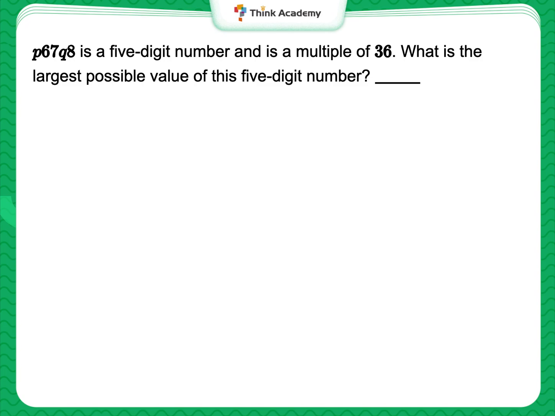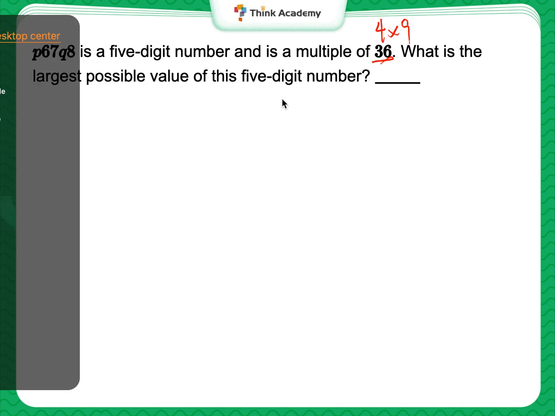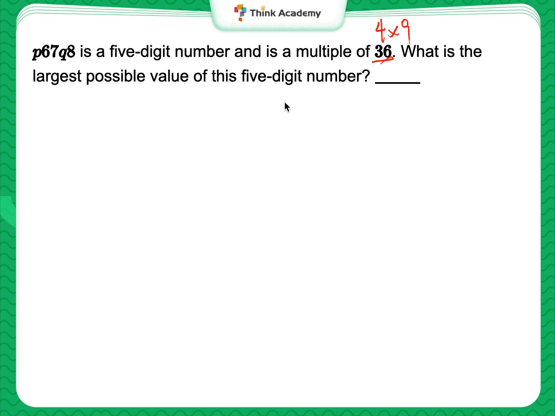Let's take a look at the last question we have. It says that P67Q8 is a 5-digit number, and it is a multiple of 36, where P and Q are both digits. Now, what is the largest possible value of this 5-digit number? First of all, we haven't learnt about the divisibility of 36 yet, but we know that 36 is 4 times 9, which means that any multiple of 36 should also satisfy the divisibility rules of 4 and of 9.